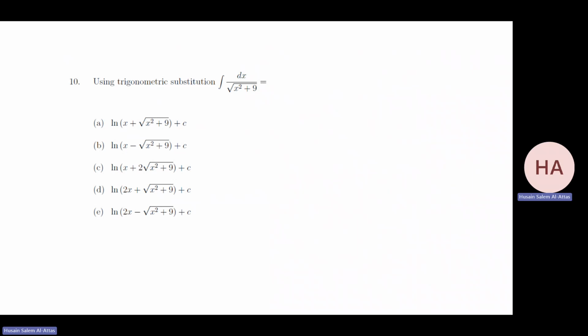Using the trigonometric substitution, dx over square root x squared plus 9. What I have here, x equals 3 tan theta. So what will be dx? It will be 3 secant squared theta d theta. Plug the things in.